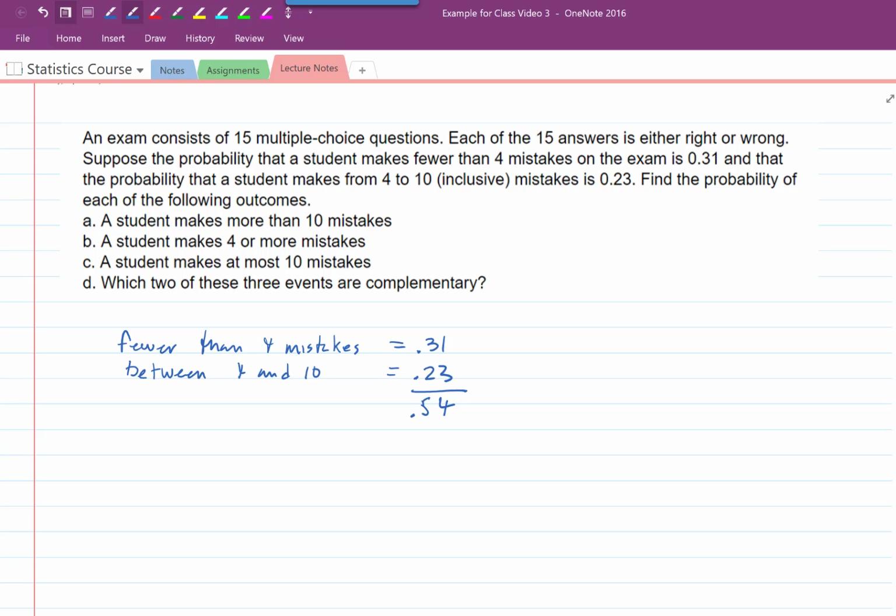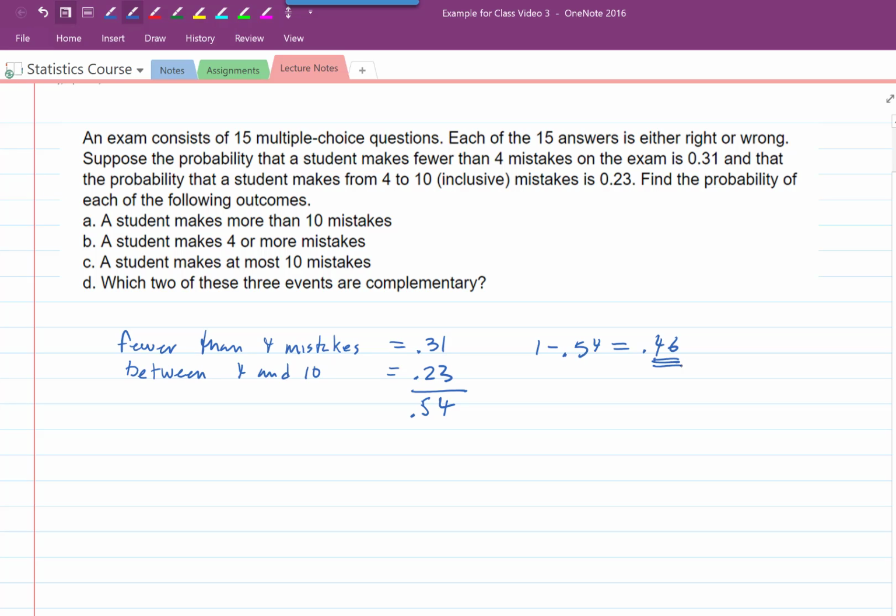And we know the complementary probability rule is that there can only be a total probability of 1. So we're going to take 1 minus 0.54, and that will give us 0.46. So the remainder, that the student makes more than 10 mistakes, has got to be 0.46.